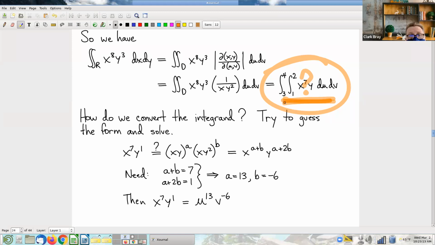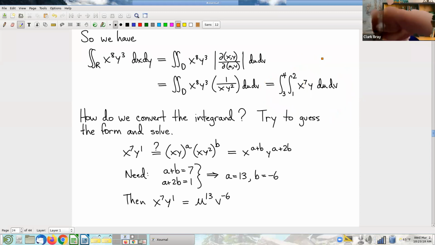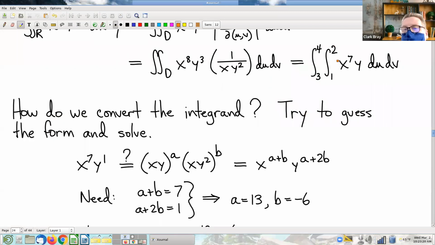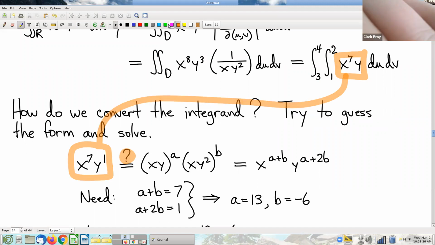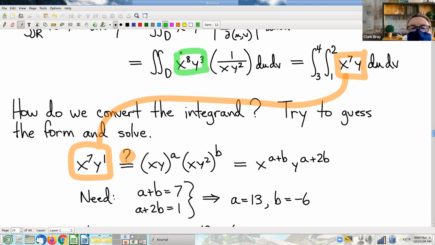Now, real quick note for your consideration, and let me zoom in so we can see better. This is a thing that I need to figure out how to rewrite. Notice I do not need to figure out how to rewrite this, x to the 8th y cubed. I mean, yes, that was the original integrand, but it's not going to be my eventual integrand. So why are we converting something that we will eventually not care about?